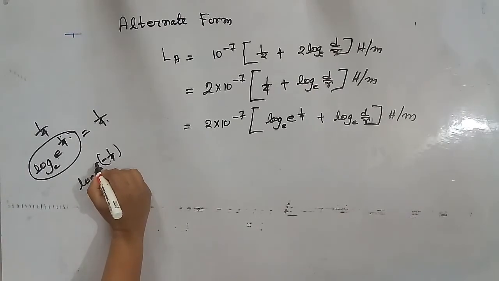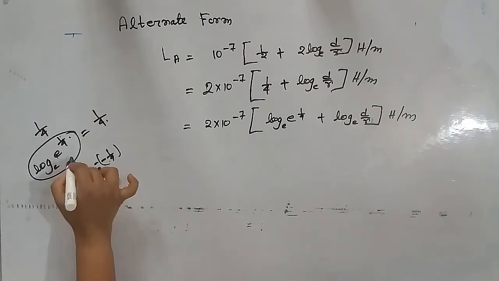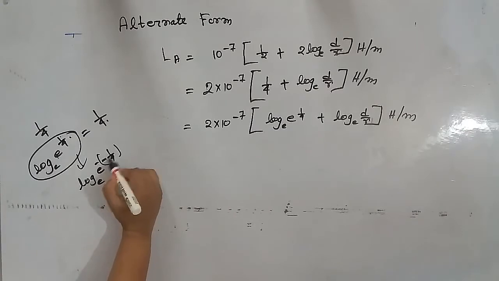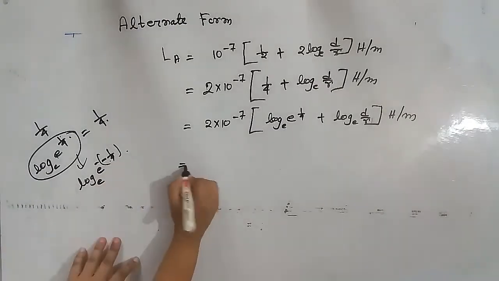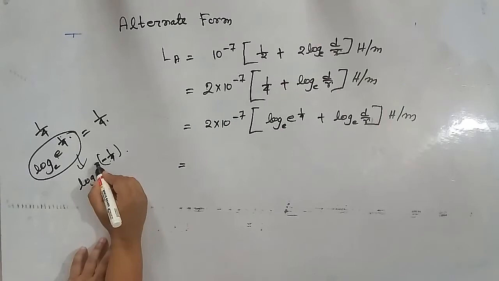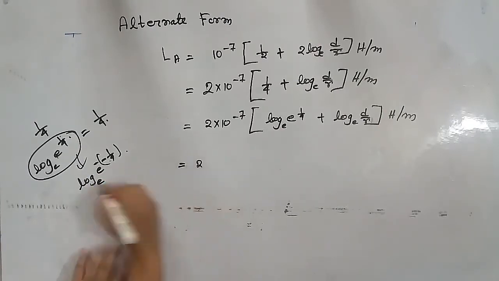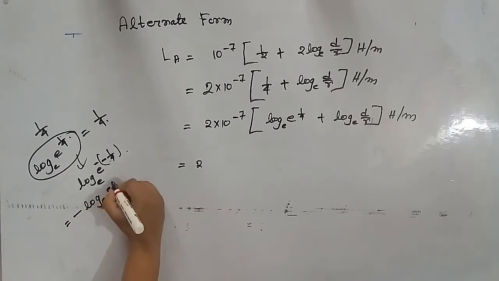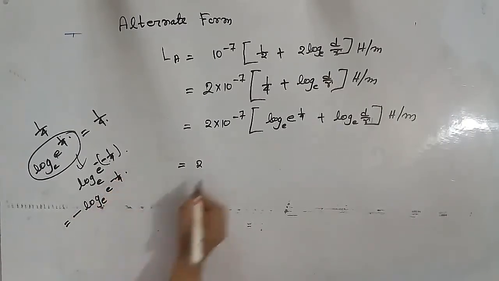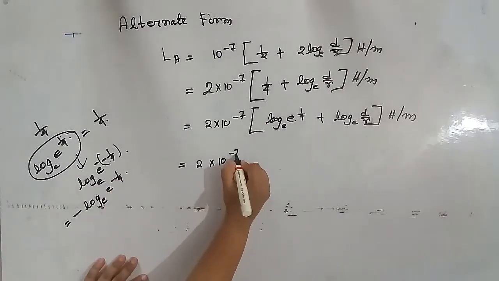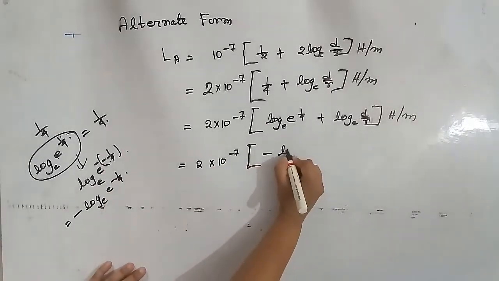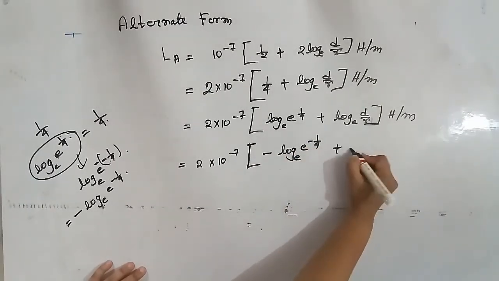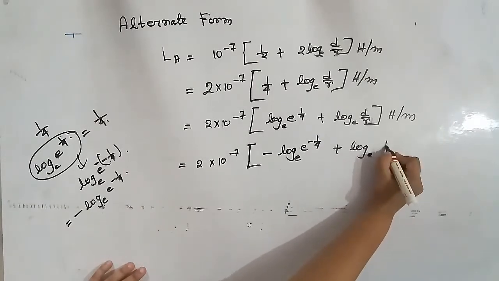Now this minus and this minus becomes plus, so this equals minus log_e e^(-1/4). So we can write 2 × 10^-7 (-log_e e^(-1/4) + log_e D/r).